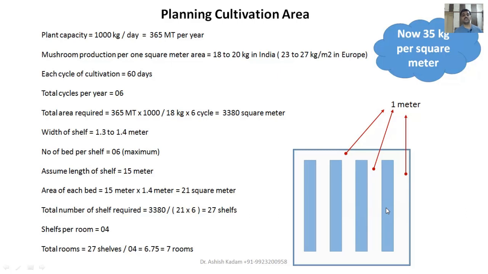In some areas you will get bigger size buttons, in some areas smaller size buttons, and in some areas the buttons grow in the casing material, below the casing material, and they get dirty because they are growing in the muds. So you will not have uniform quality, you will not get the right quality of the flush.